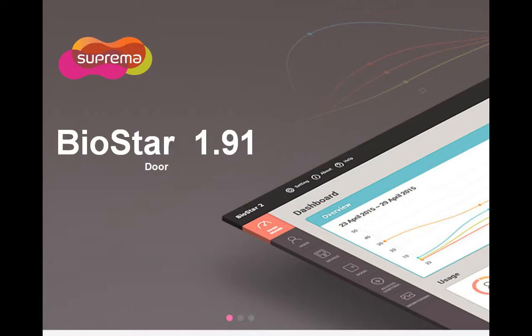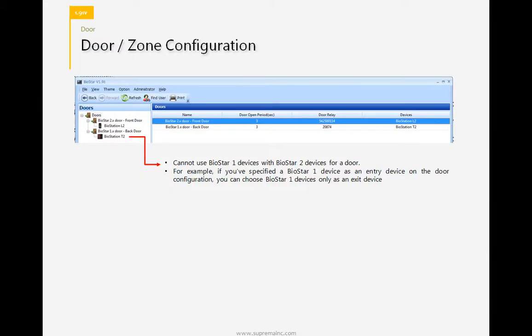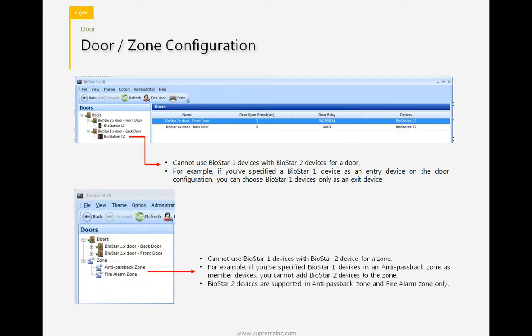Now from the door's perspective, the limitations and the differences. For a door, simple: you cannot use version 1 devices with version 2 devices. So for one same door, you cannot have version 1 devices and version 2 devices. The same applies to the zone.